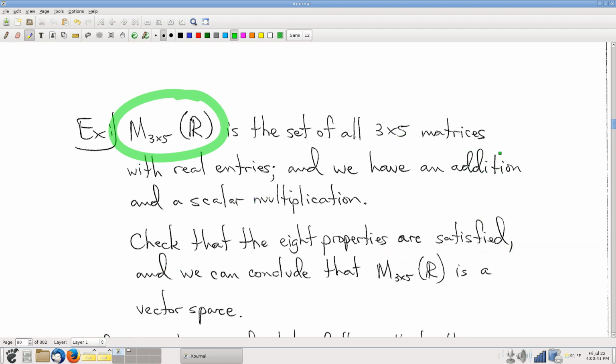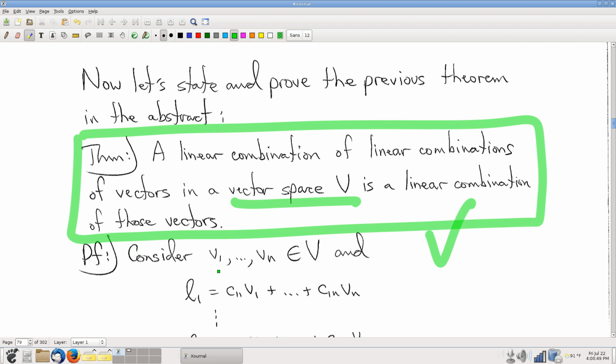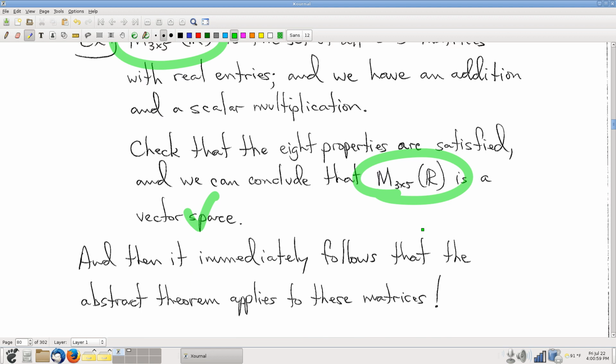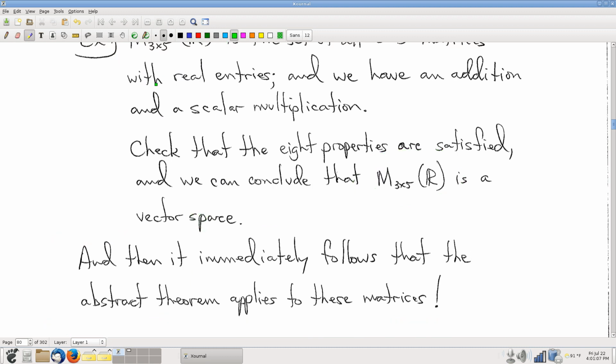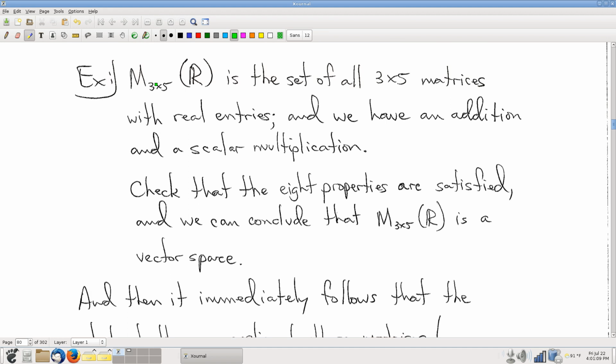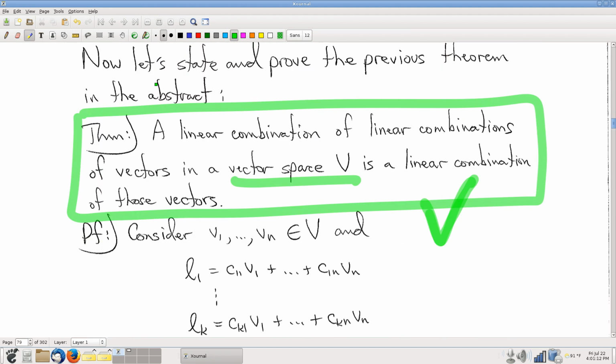And having observed that, not only do we know that this is a vector space, but that means that we know that this theorem applies to that new vector space. I don't have to state this and prove it again. I've already proved it in the abstract, therefore I don't ever again have to prove it in the specific. Okay. So what we do very often in linear algebra is we state and prove theorems in the abstract, so that we only have to do it once, so that we don't have to do it over and over again.